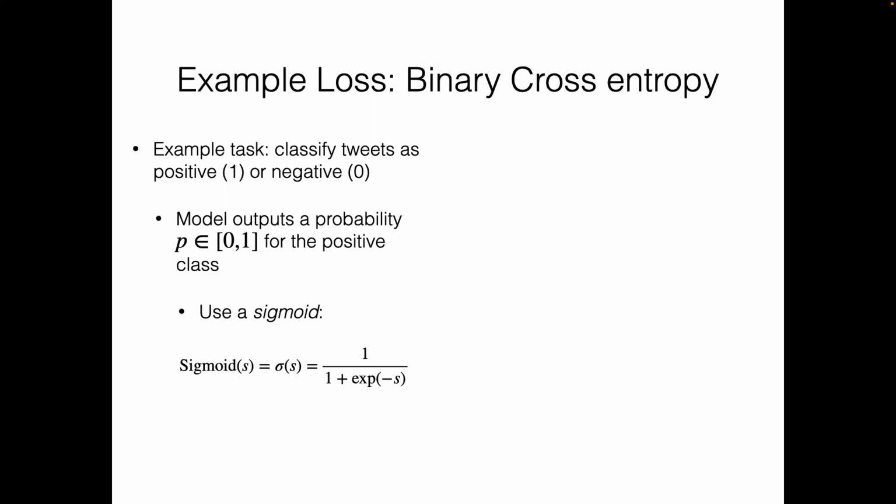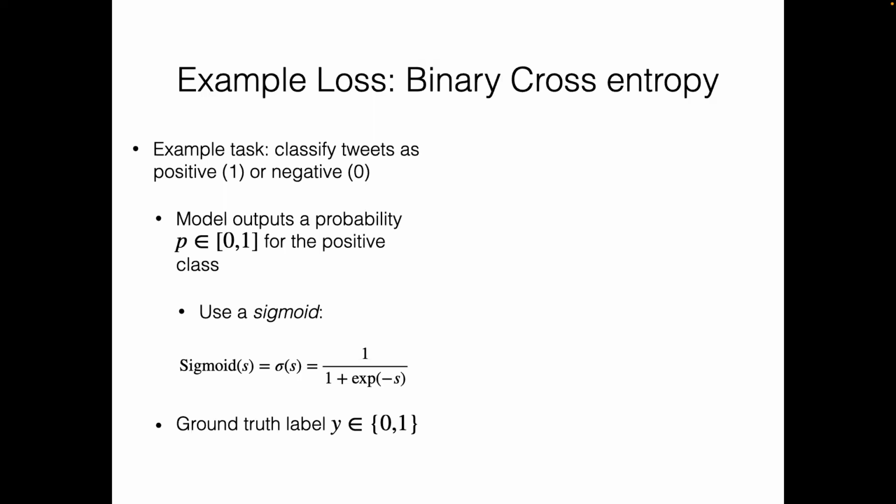So here you use this activation function, which is called sigmoid, and this will just ensure that your outputs are between 0 and 1. Okay, so now we can start interpreting the output of the network as a probability. And so now we assume that we have some label. So the label will either be 0 or 1 in our training data.